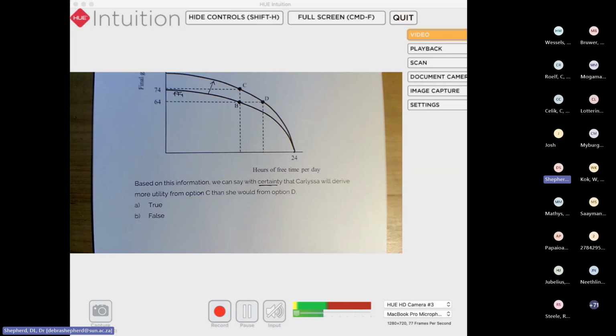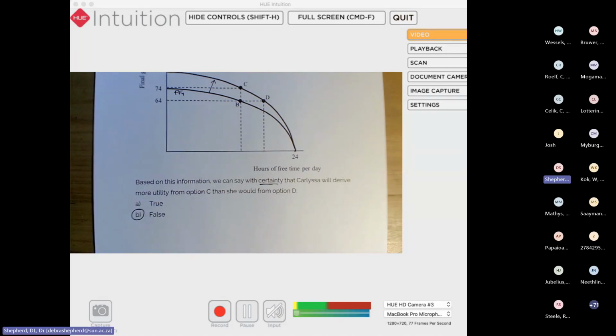Can we say with certainty that she would be happier at C than D? False. Okay? Why is it false? Why can we not say with certainty whether or not C is more preferred than D? What would we need to know in order to figure that out?